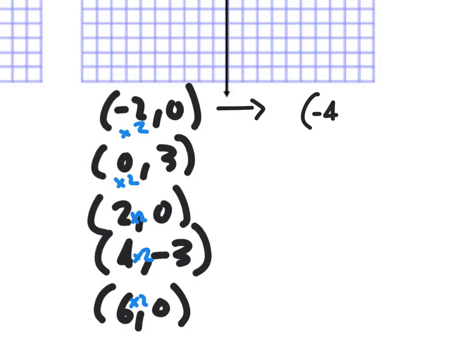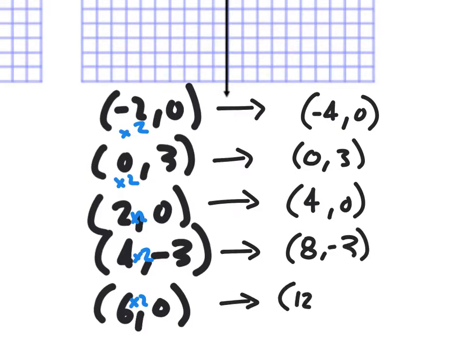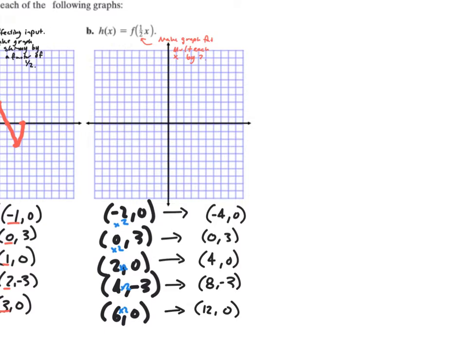So we're going to get -4, 0. We're going to get 0, 3. We're going to get 4, 0. We're going to get 8, -3. And then we're going to get 12, 0. We're going to go off the graph a little bit, that's okay, but let's go ahead and graph these.